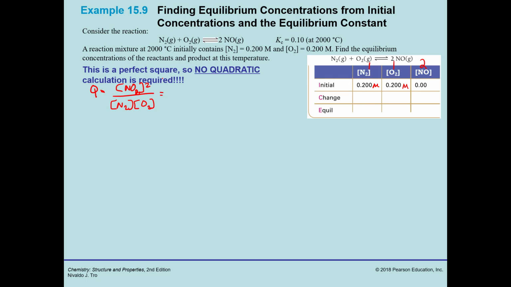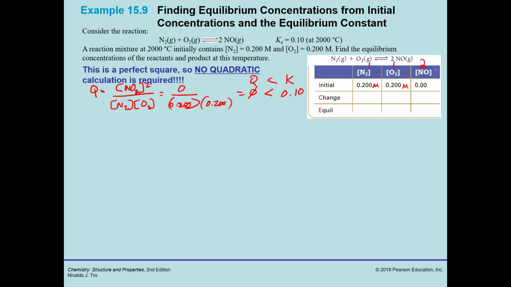When I put this in, the NO is 0, divided by 0.2 times 0.2, so that equals 0. And 0 is less than 0.10, so Q is less than K. That means it's going to the right, so it proceeds as it's written. So these are the reactants, and that is the product.